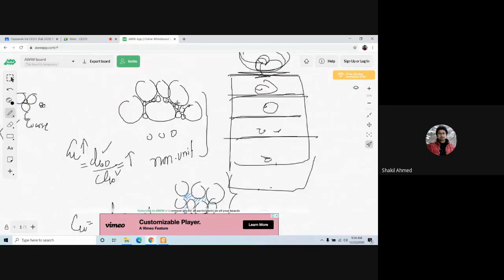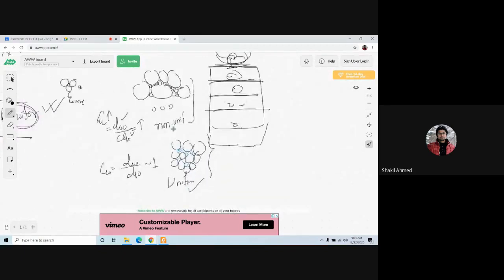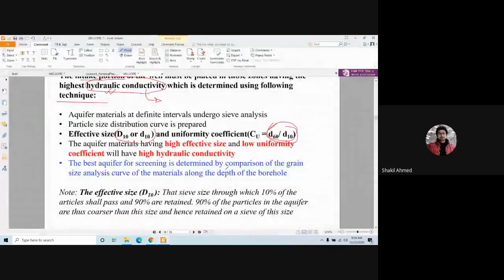So in an aquifer, would it be uniform or non-uniform? Sir, it should be uniform. Uniform. That means the CU value, the uniformity coefficient, would be smaller. Clear? Yes. That's why they say that aquifer materials have a low uniformity coefficient CU and a high effective size.